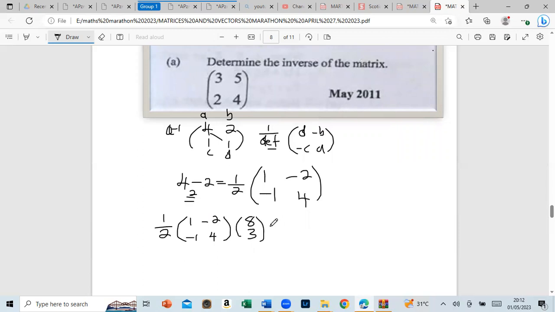And that must equal x, y. So the top one will be x. We multiply row by column. So 1 times 8, that's 8. Negative 2 times 3, negative 6. And negative 1 times 8, negative 8. And then 4 times 3, 12. So all we have to do now is just go inside the bracket.